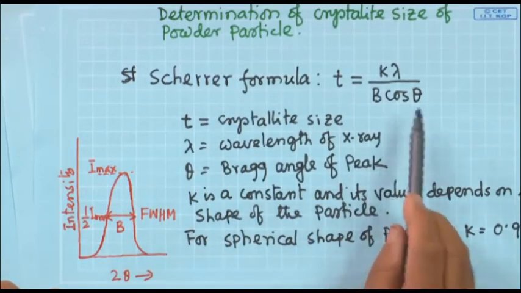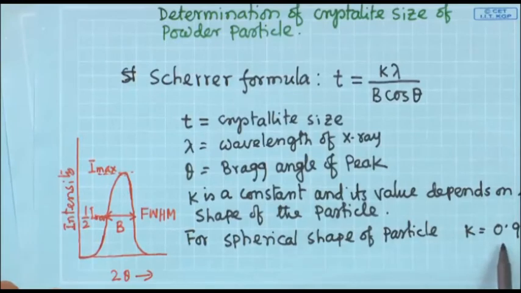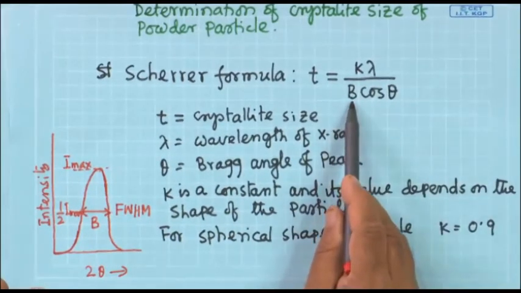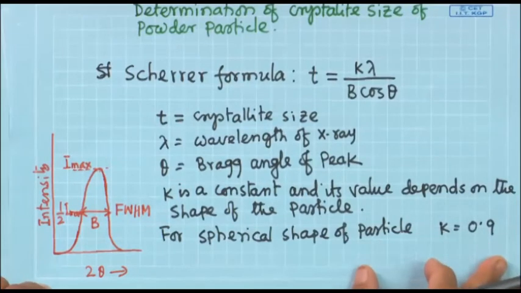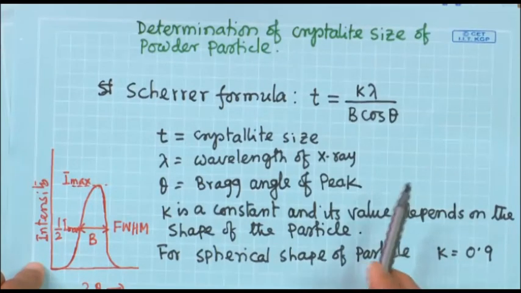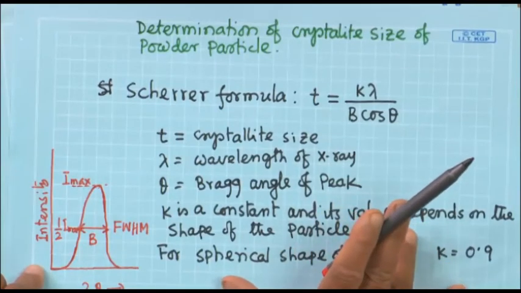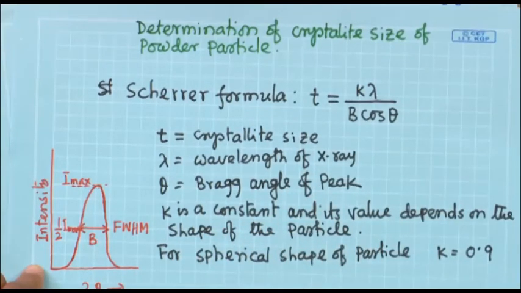So cos theta you know, lambda you know, K is generally 0.9 for spherical shape, and from the width of the peak, that is B, you can calculate the size of the crystal, or the crystallite size as we generally say. So from peak position we get the crystal structure, from peak width the particle size, and from peak intensity we can get a lot of information.